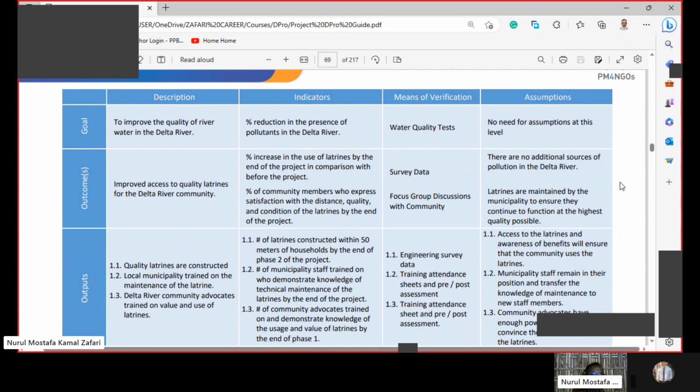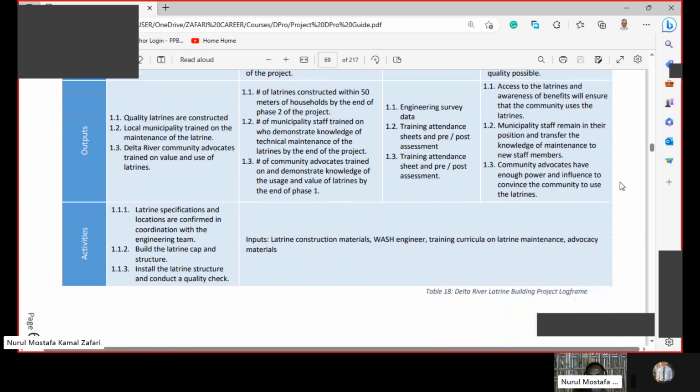Okay, so I think you can see the logical framework for the Delta River Latrine Construction Project. And let us see from the bottom.